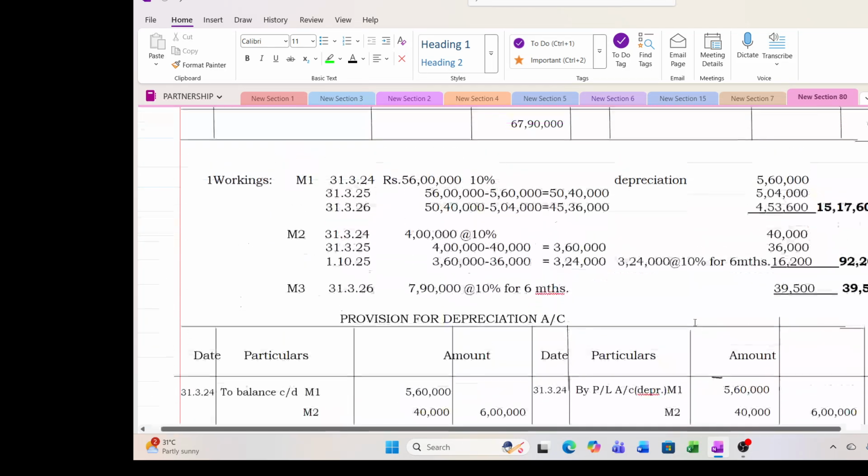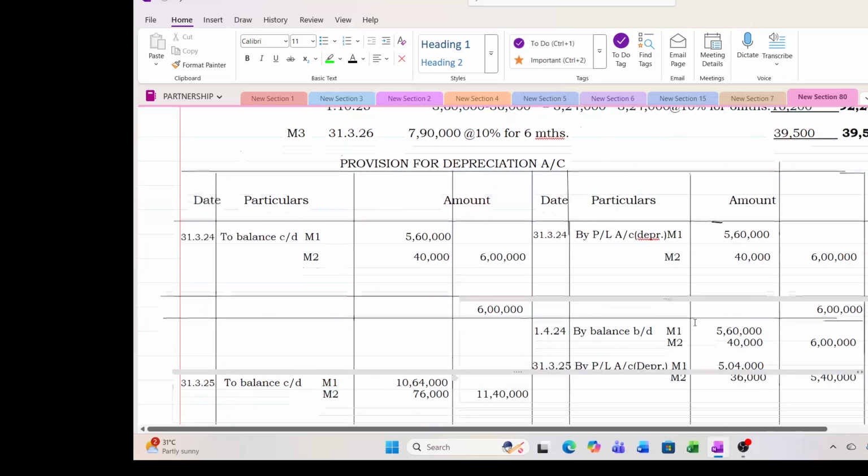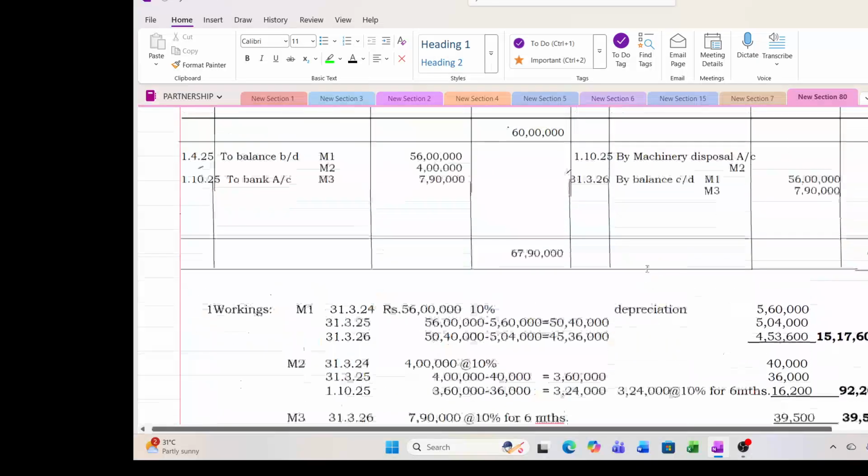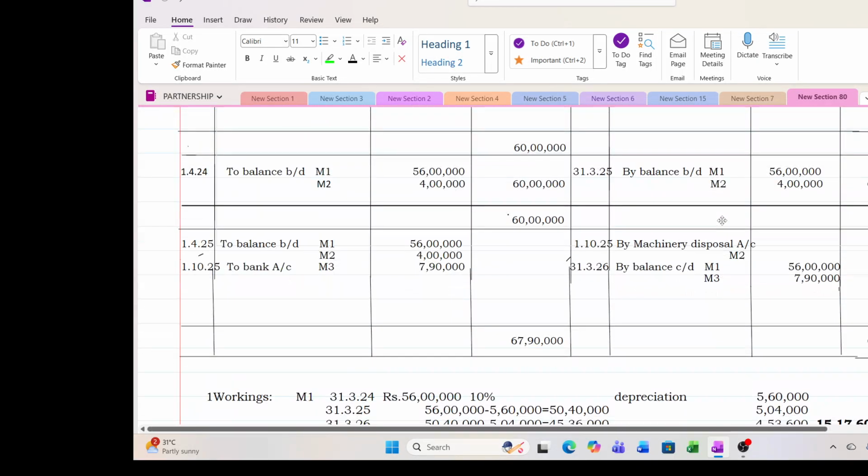Okay, now the other machines continue in the machinery account. Balance carried down for M1 is 56 lakh and M3 is 7 lakh 90,000. So the total comes to 67,90,000. So far as the machinery account is concerned, it is over.